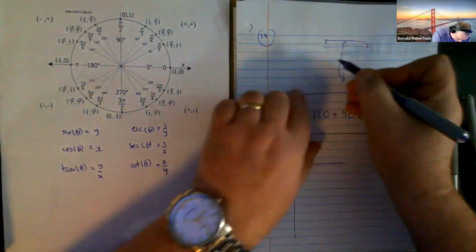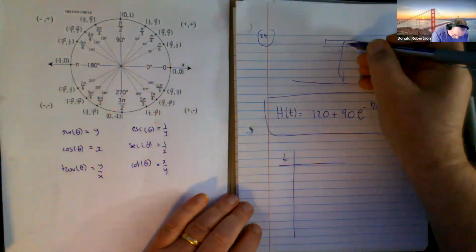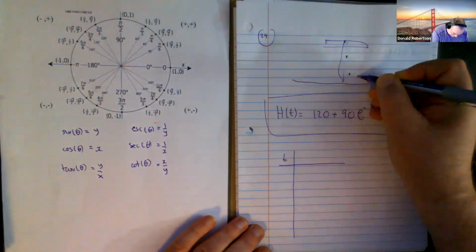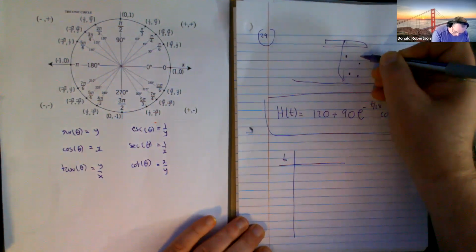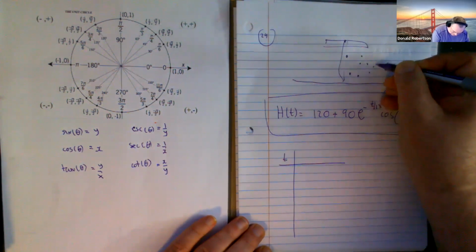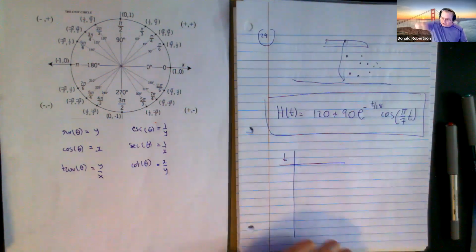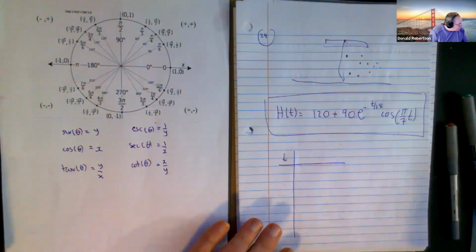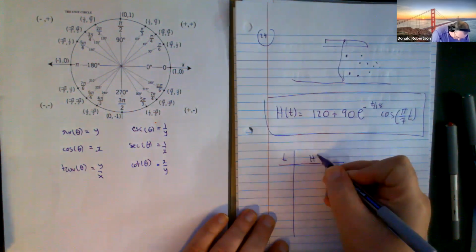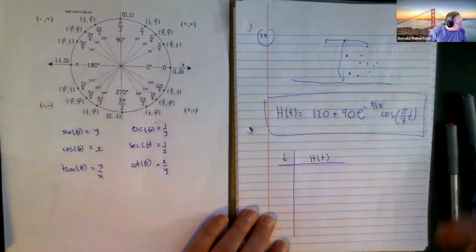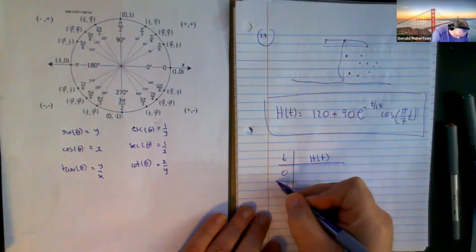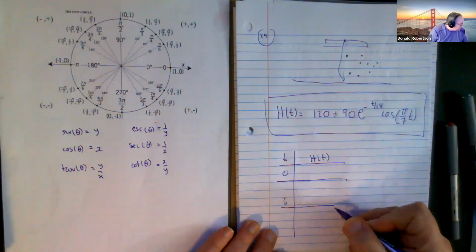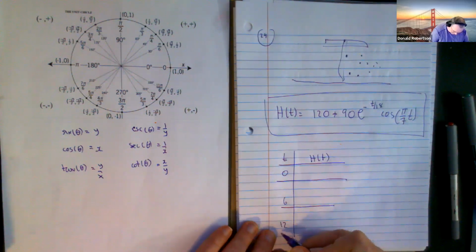You can imagine, this is the ground, that at time t is 0, then 1 second mark, 2 second mark, 3 second mark, 4 second, it goes back up a little bit, 5, 6, 7, 8, 9, 10. And h of t is going to tell you the height above the river. And I'll do a little snapshot. We'll do it at 0, and we'll do it at 6, and I'll do it at 12, right?